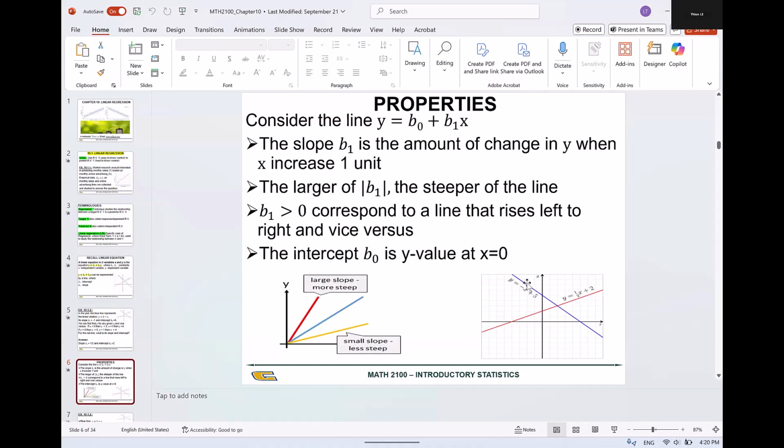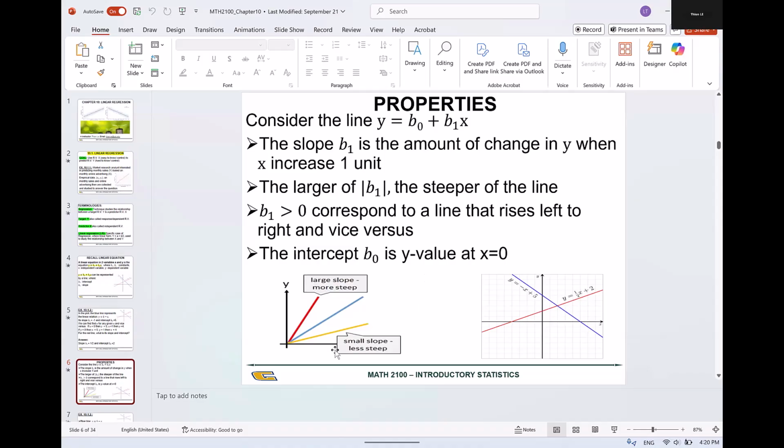And a slope, vice versa, if you have a slope less than 0, you have a line which falls from left to right. So it's the blue line here. And the intercept B naught is just the value of y when x equals 0. So if your x equals 0, your y equals B naught. That gives us the meaning of the intercept.